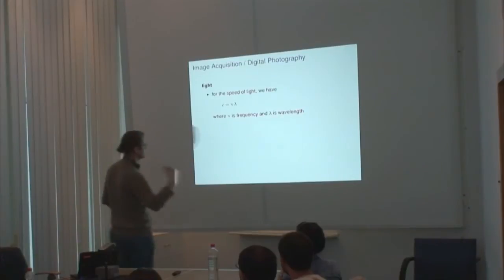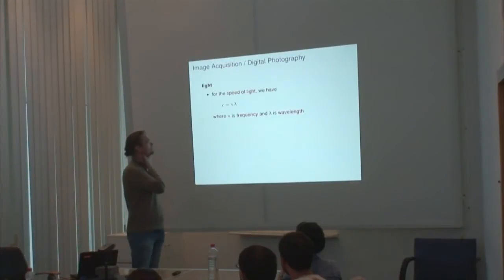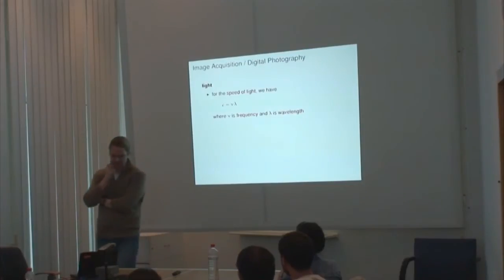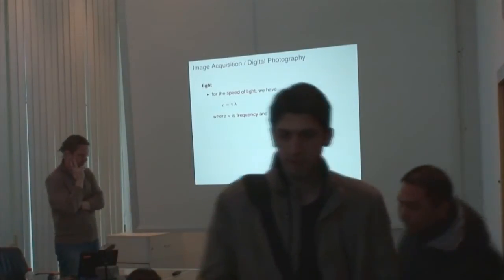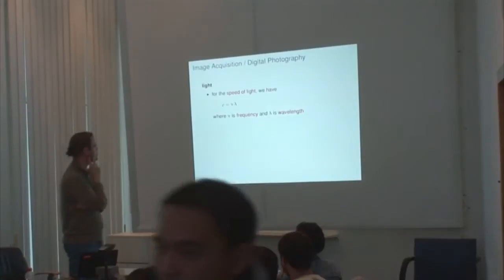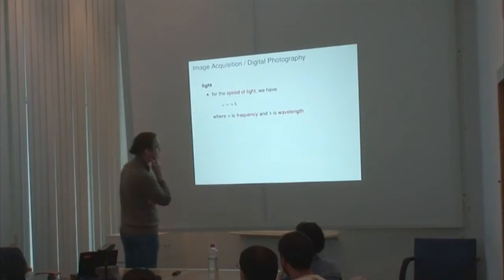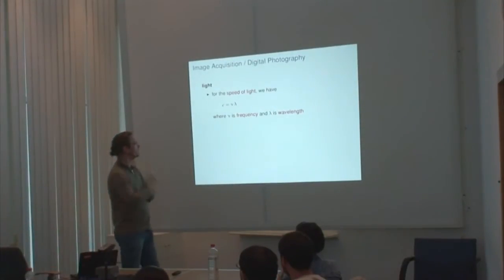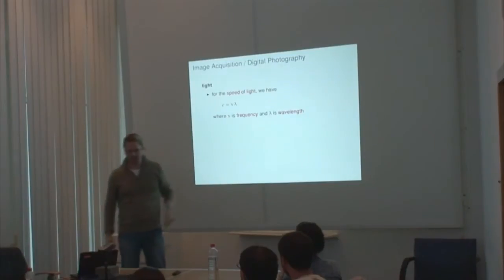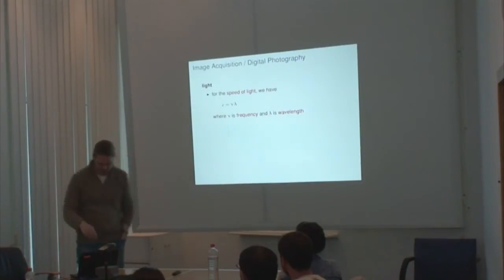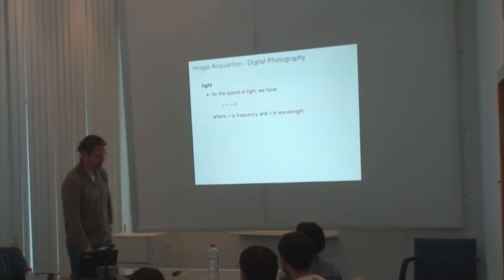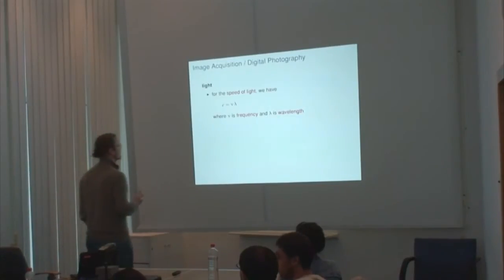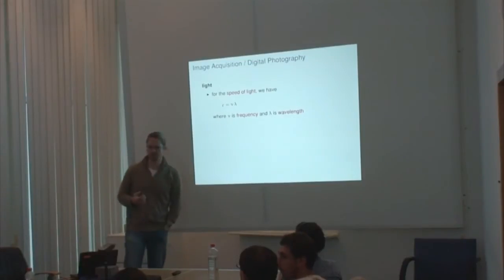Light always has the same speed, called c, and this speed can be expressed in terms of a frequency, nu, times a wavelength, lambda. These are Greek letters, and to those of you who are not so familiar with Greek letters, you may know by now that they appear quite frequently in all the literature you may be reading.